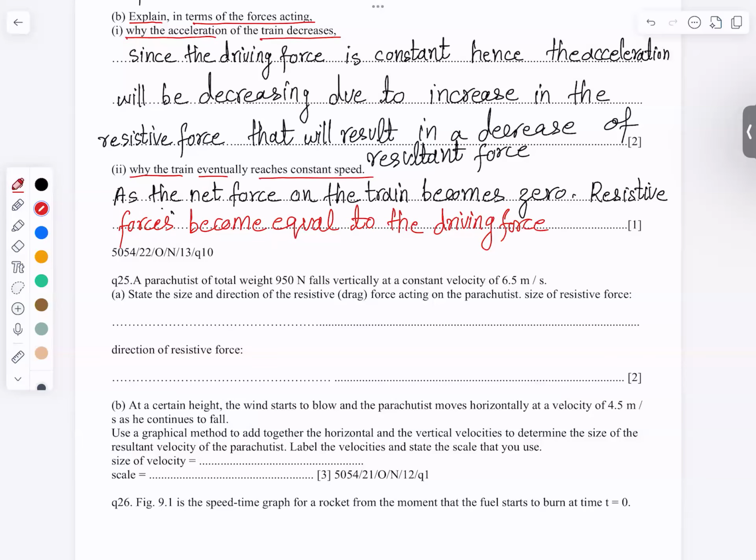So done with this, because the resistive forces become equal to the driving force and the net force becomes zero, that's why it eventually reaches the constant speed.